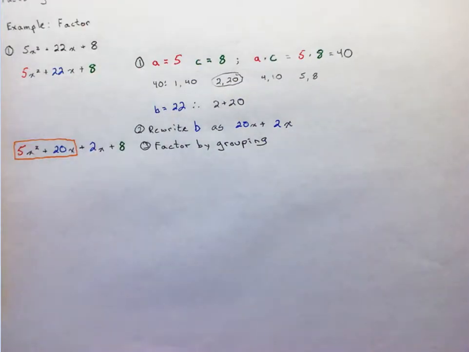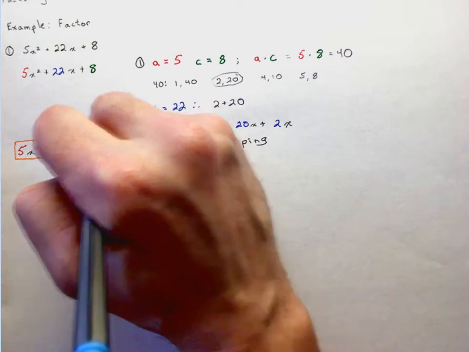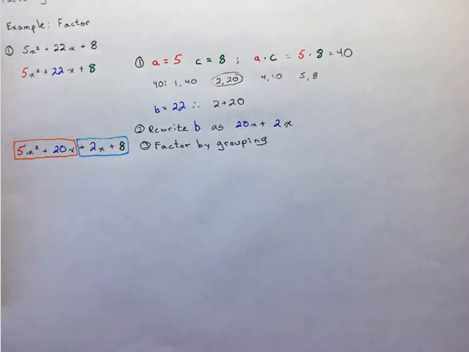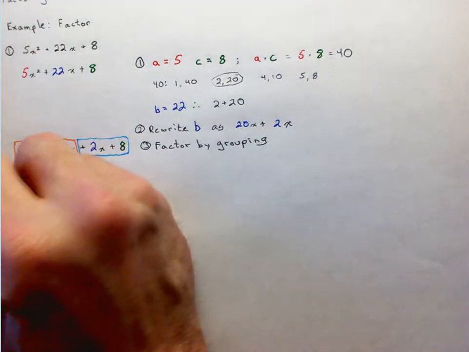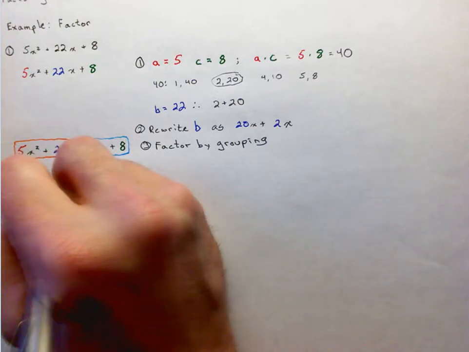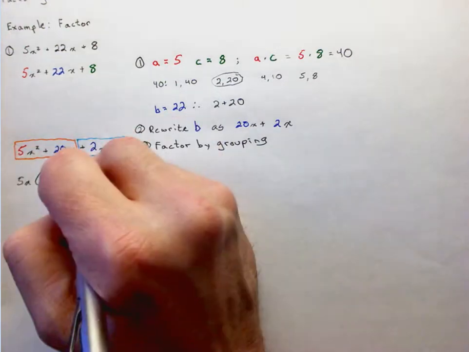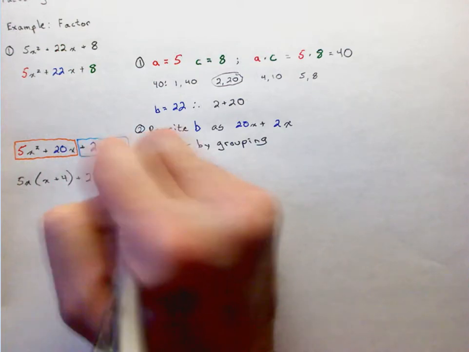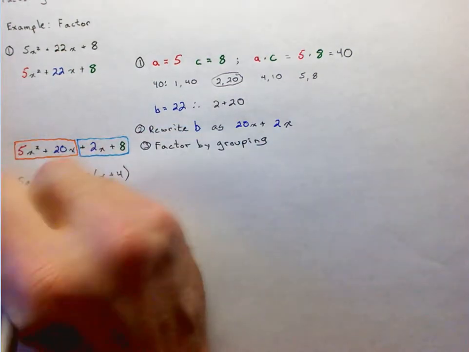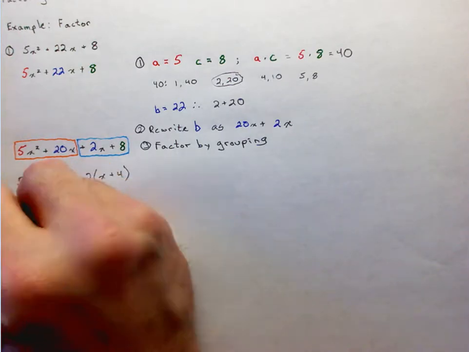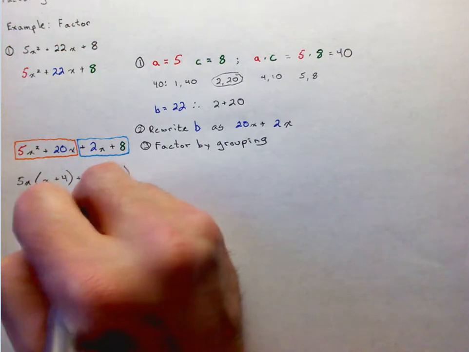I will make that a group of terms and this a group of terms, and I'll factor each one. I can pull a 5x out of the first one, and here I can pull a 2. That leaves me with 5x plus 2 times x plus 4.